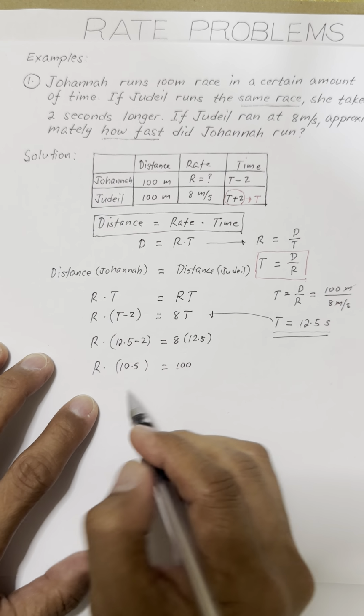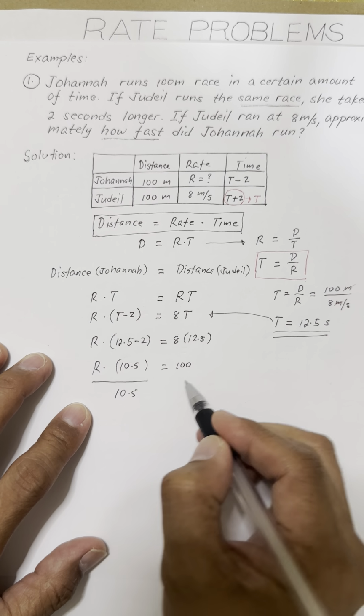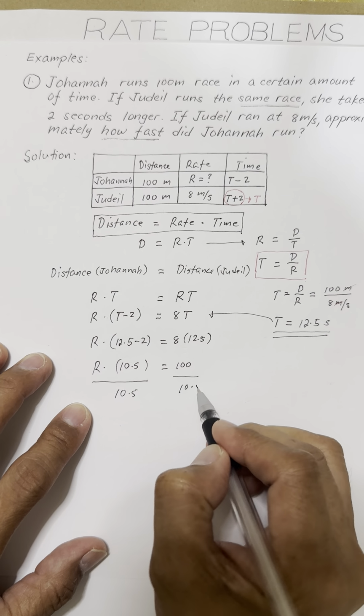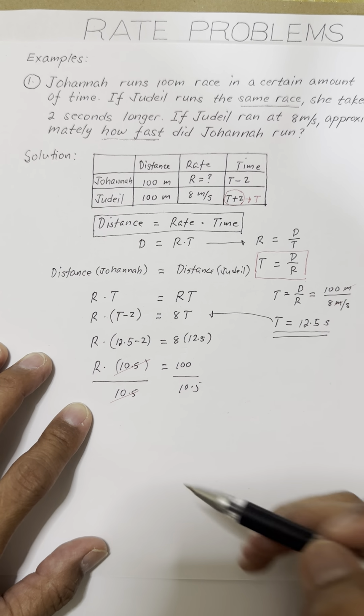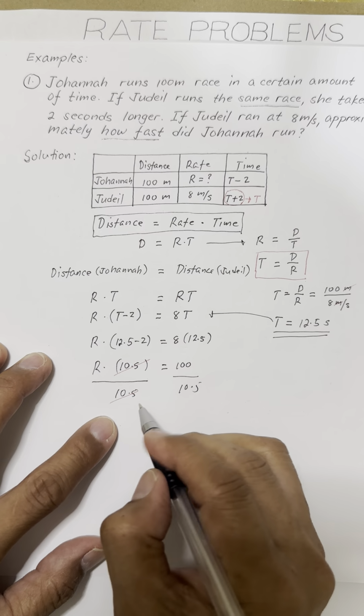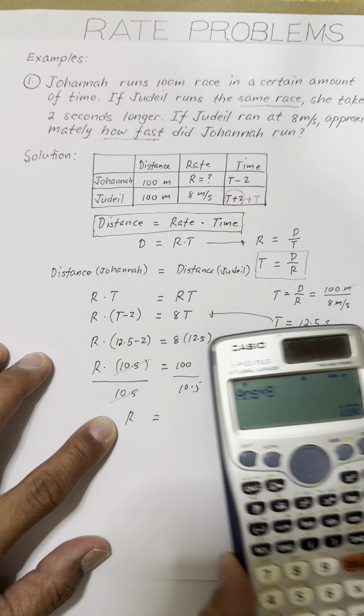So we divide both sides by 10.5. The 10.5 in the numerator cancels out with the 10.5 in the denominator, then R is equal to 100 divided by 10.5.